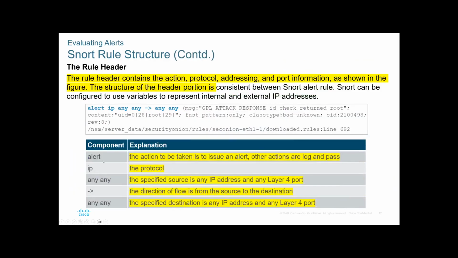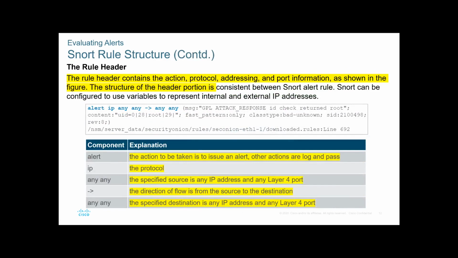There's the rule header. The action to be taken is to issue an alert. In other words, this is an alert. There's the protocol. The specified source is any IP address and any layer 4 port. That's the any. The direction of flow is source to destination, and then the specified destination is any IP address and any layer 4 port.